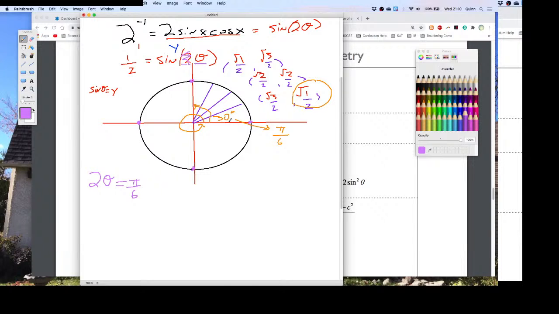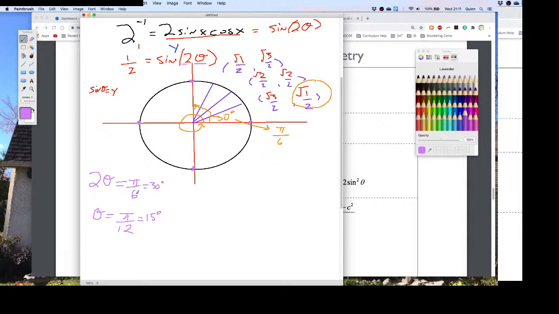But since they have a 2 there, we have to equate 2 theta to pi over 6. So that means one of our solutions would be pi over 12 technically. If you're wondering what pi over 12 is, well, pi over 6 is 30 degrees, isn't it? So pi over 12 has to be 15 degrees.